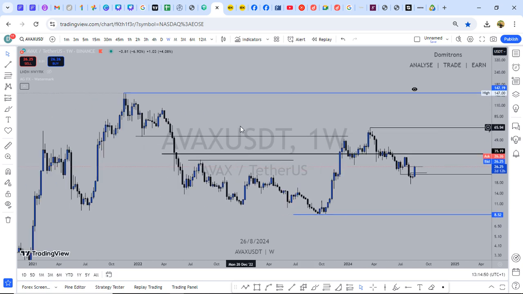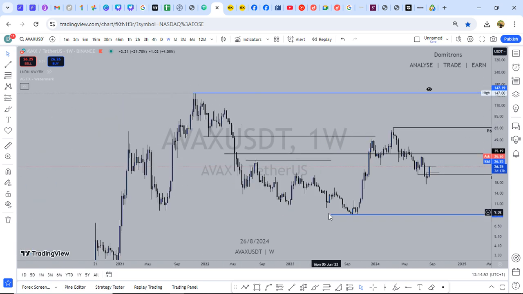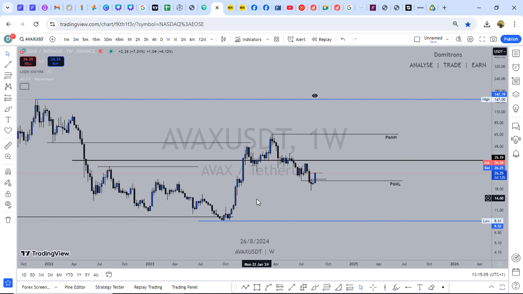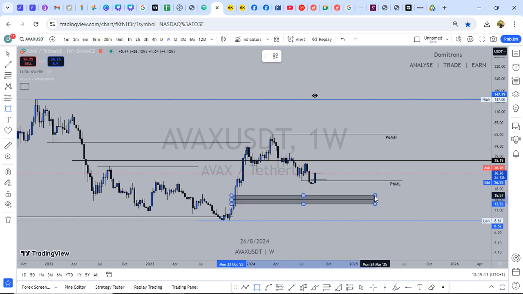Then the next draw on liquidity will be this high, with the expectation that the overall market shows us that it's bullish, and we came to this area, we swept past that liquidity, right? So I don't know if it will still want to come to fill up 50% completely or not.